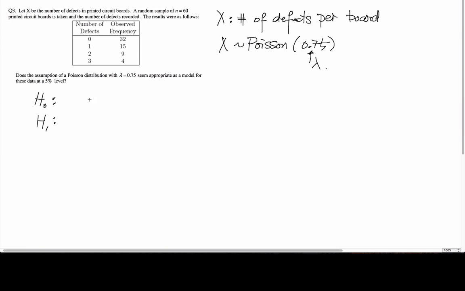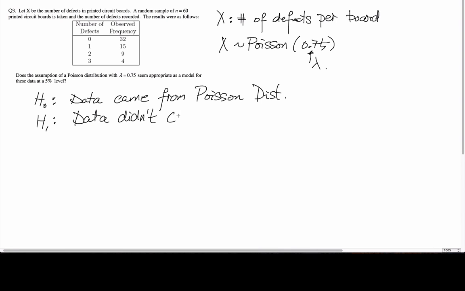Here, our null hypothesis is that data came from a Poisson distribution. The alternate is that data didn't come from a Poisson distribution.